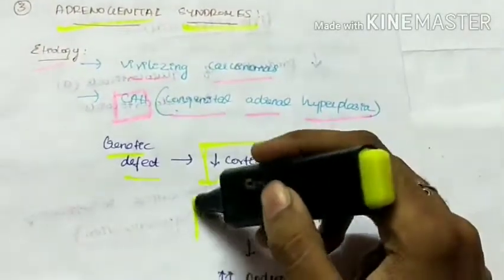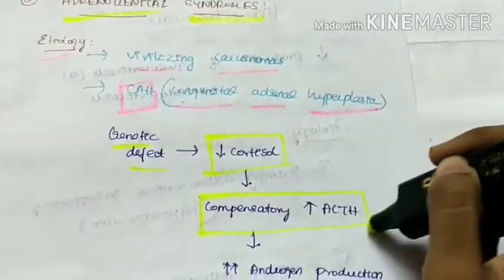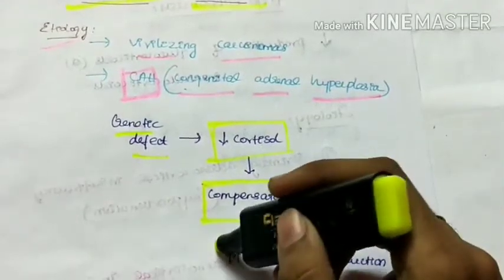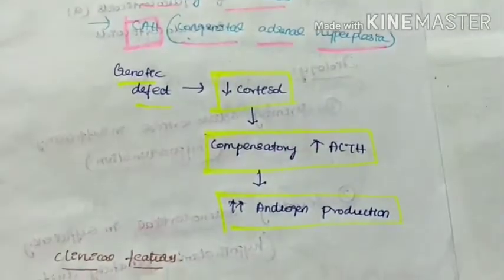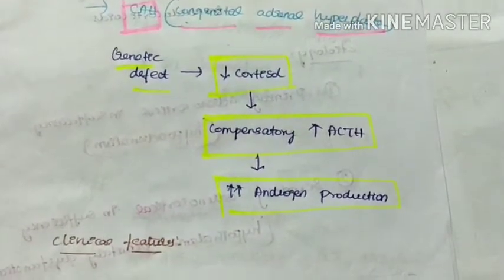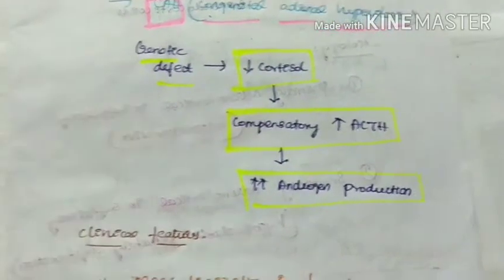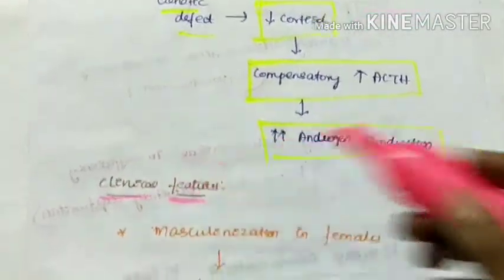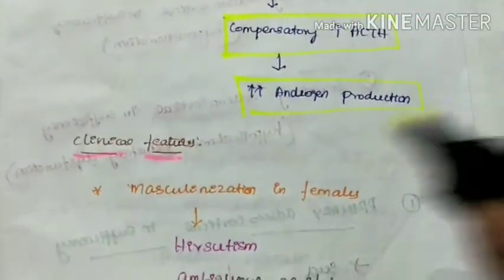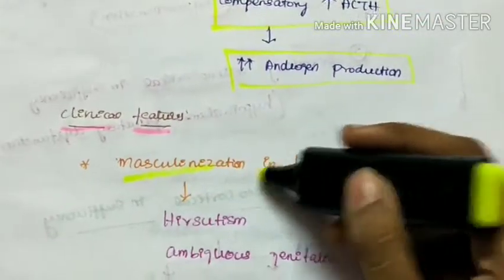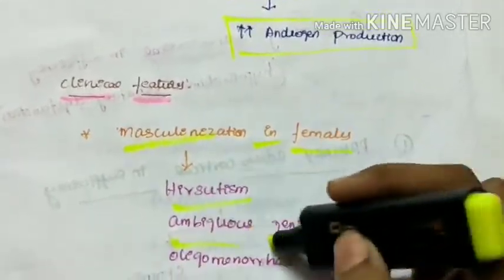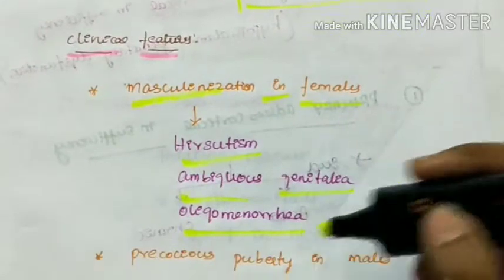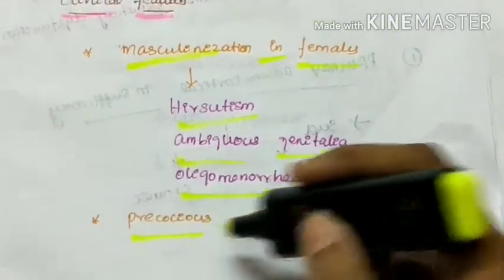So there is compensatory increase in ACTH secretion, and this deviates the pathway towards increased androgen production. This is congenital adrenal hyperplasia leading to adrenogenital syndrome. Clinical features of adrenogenital syndrome include masculinization in females, that is hirsutism, ambiguous genitalia and oligomenorrhea, and precocious puberty in the males.